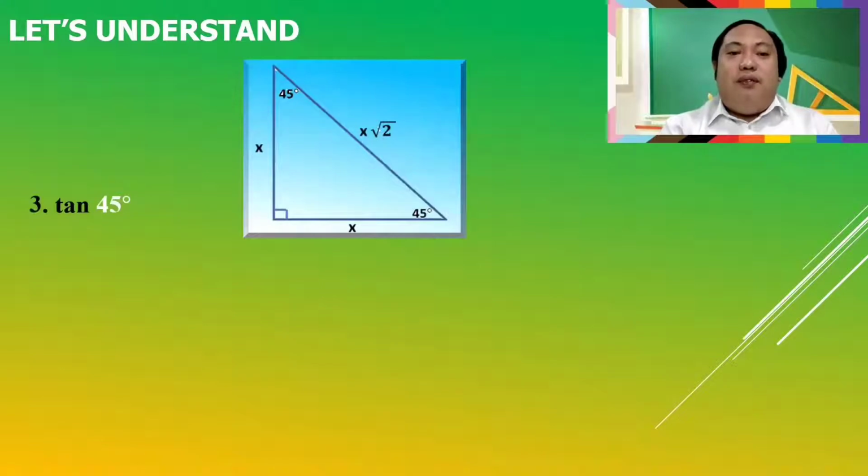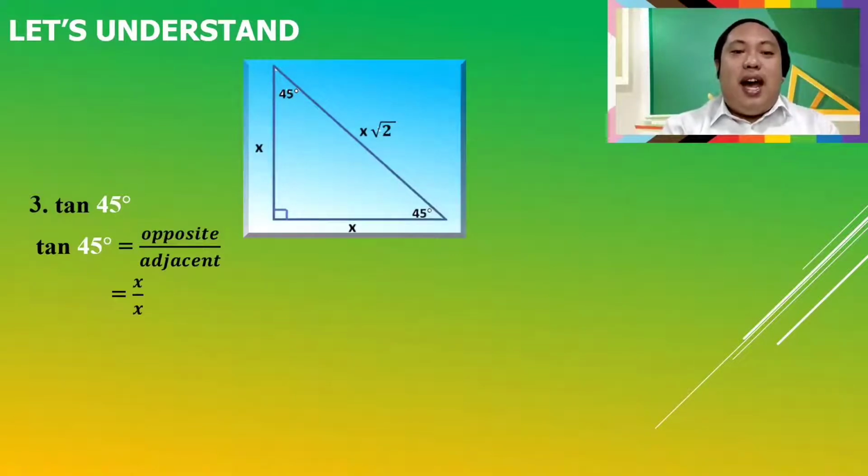Then let's have tangent 45 degrees. Tangent 45 degrees equals opposite side over adjacent side. So from the figure we have, the opposite side is x over the adjacent side is x. So we simplify, we have 1. Therefore, tangent 45 degrees is equal to 1.